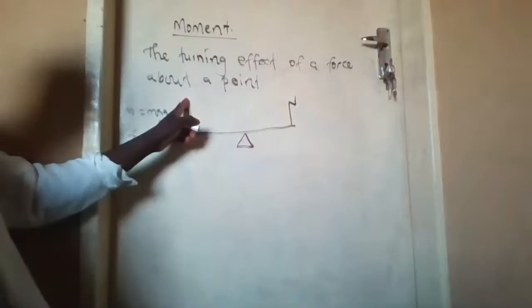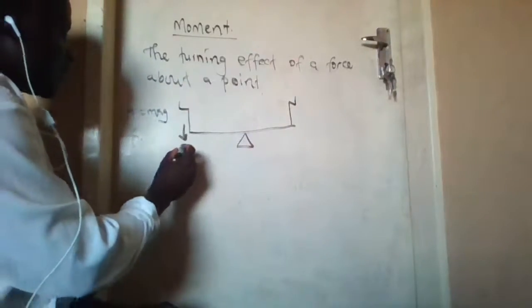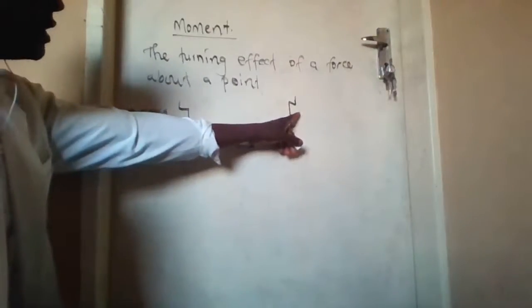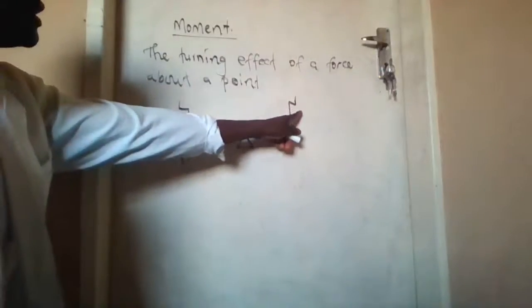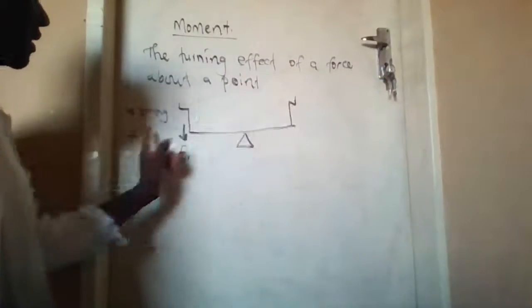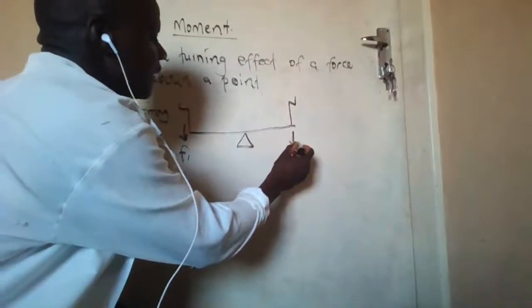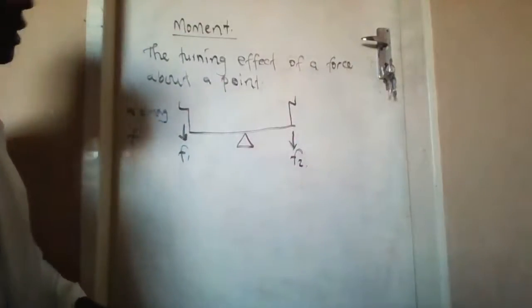So this person is exerting a certain amount of force in a downward direction, which I can call F1. Then this other person also has a mass, and mass times gravity gives the weight, a force, also exerted in a downward direction.